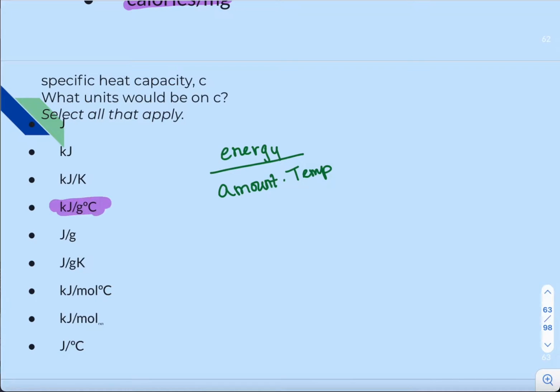So here, kilojoules per gram times degrees Celsius. Joules per gram Kelvin. Kilojoules per mole times degrees Celsius. And that should be it.